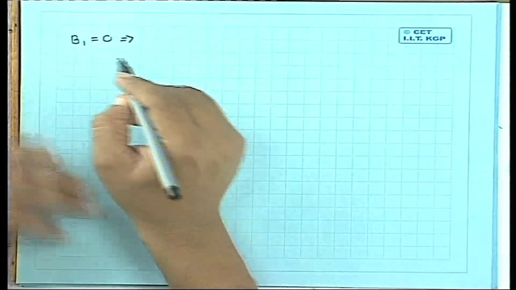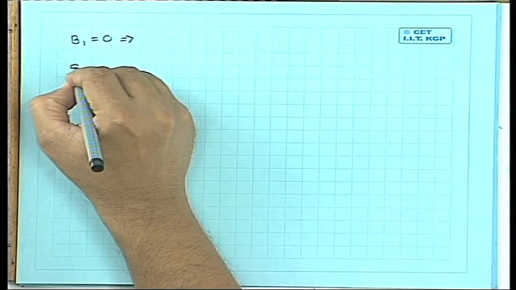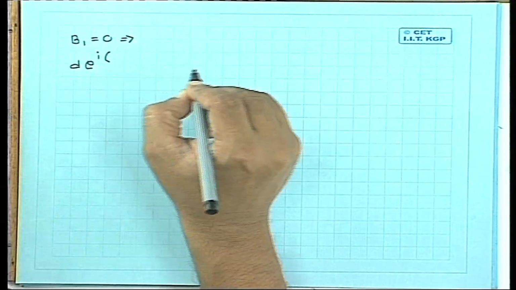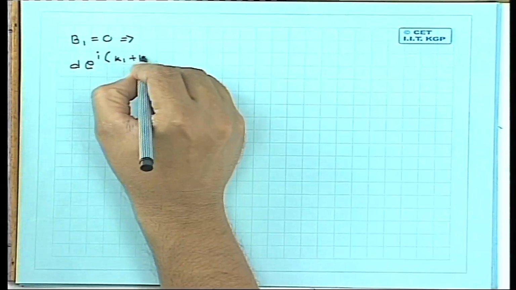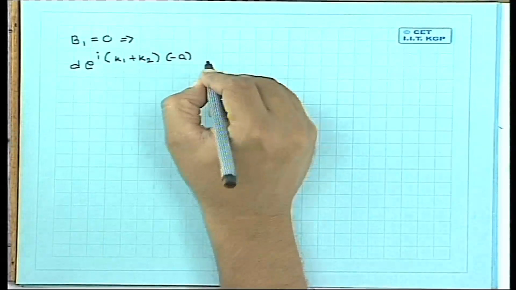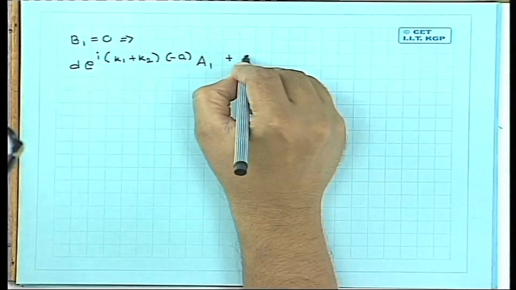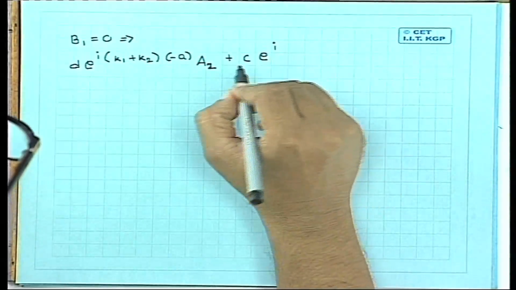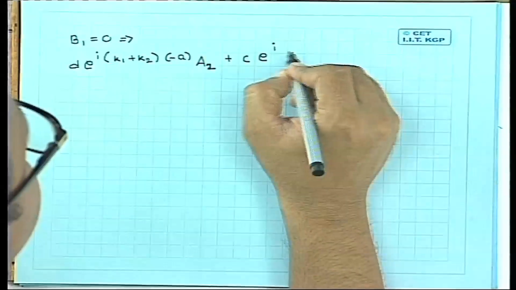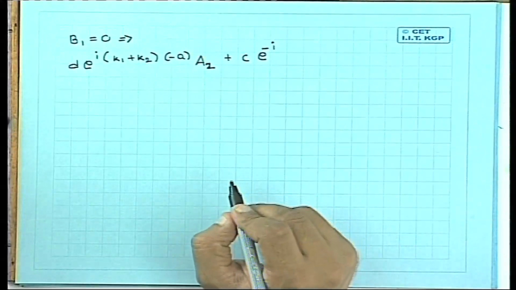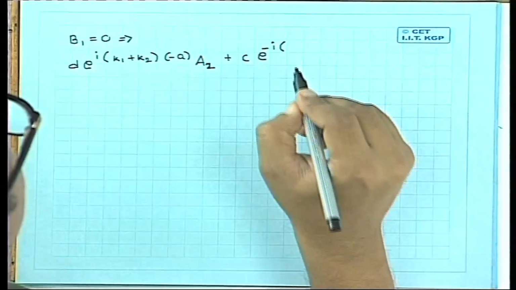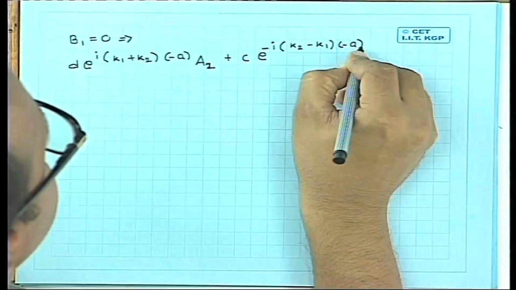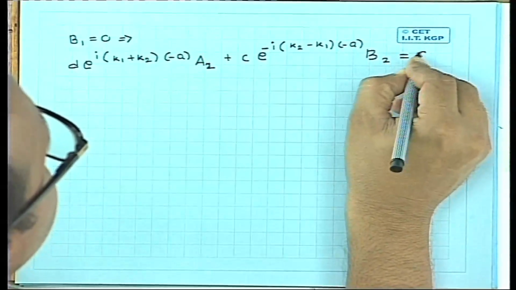B1 equal to 0 implies that D e to the power I delta 2, and delta 2 is K1 plus K2 into minus A, into A2, plus C into e to the power minus I delta 1, and delta 1 is K2 minus K1 into minus A, B2 equal to 0.